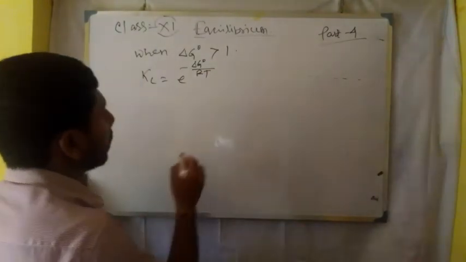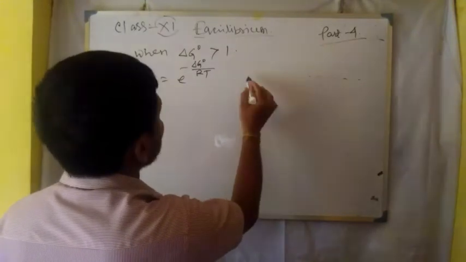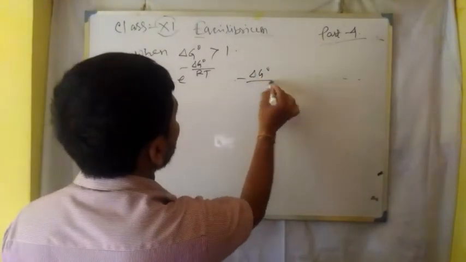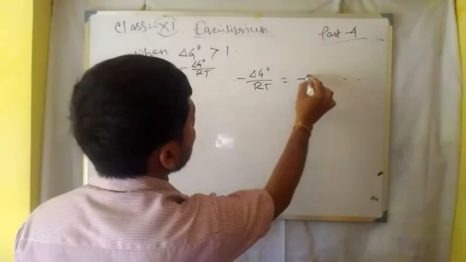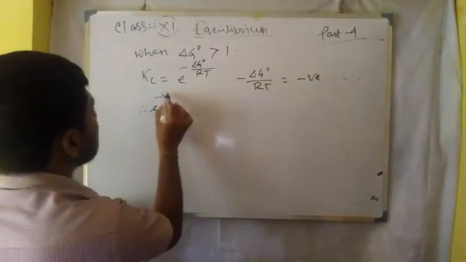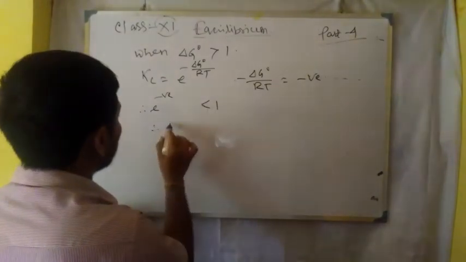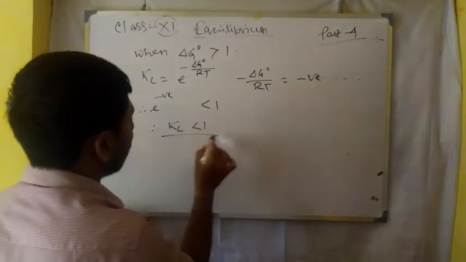It is the expression we have derived. Now putting the value, del G0 by RT is positive, so minus ve power, that is e to the power minus ve, which is less than 1. So Kc less than 1.